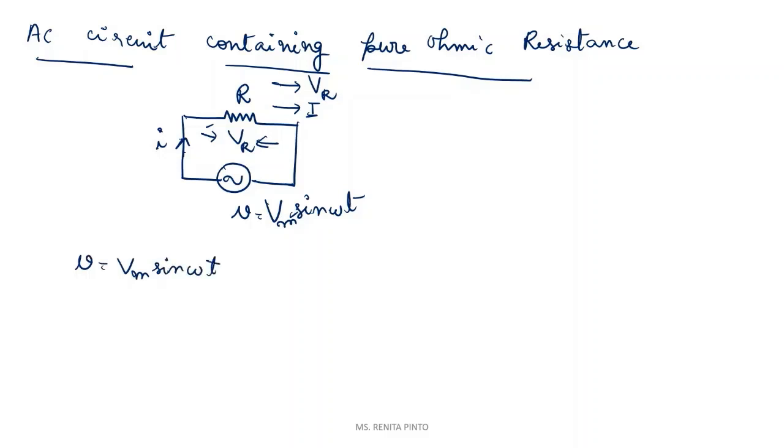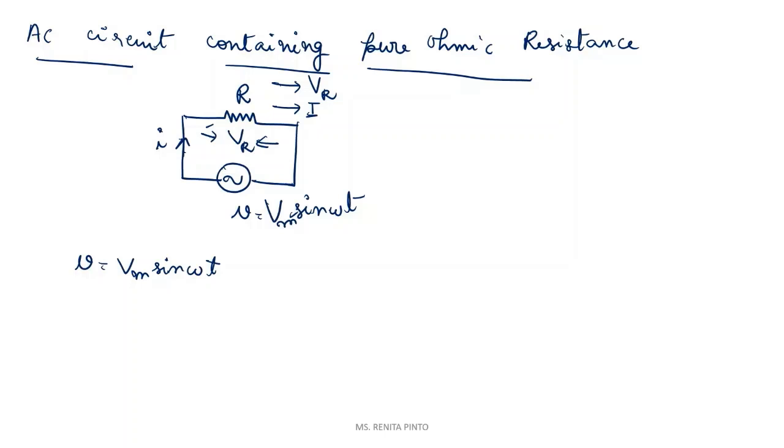When you apply the alternating voltage V equal to Vm sine omega t across this resistance, electrons will flow in one direction during the first half cycle, whereas in the next half cycle it will flow in the opposite direction. Because of this alternating voltage, the alternating current will also flow in the circuit.